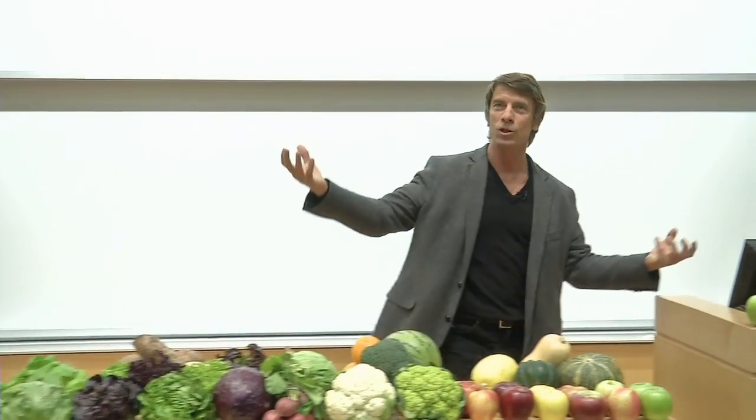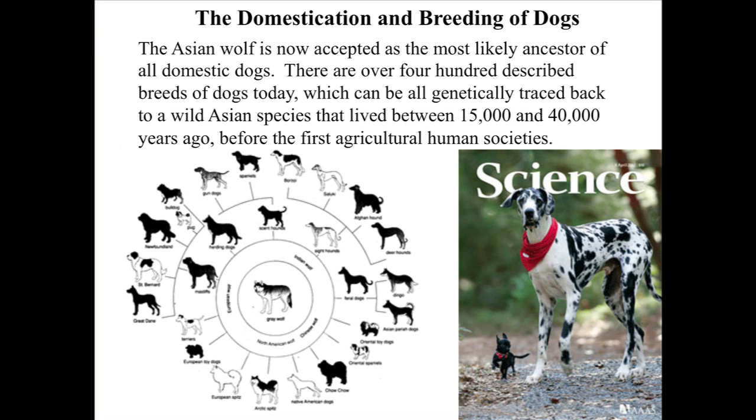From Chihuahua out to Great Dane, this is all controlled by a single allele. The IGF-1 allele in dogs is the major determinant of size. And this was published in a recent issue of the journal Science, on the domestication and breeding of dogs.